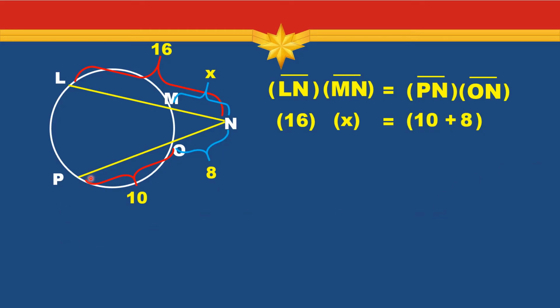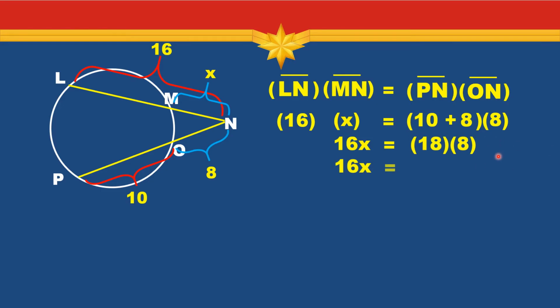Ulitin ko ha, PN ang kailangan natin. Pero ang ibinigay, PO at saka ON. So, kailangan pa natin silang i-add muna. Times ON. So, ang ON natin is 8. Okay, so solving for X, we have 16 times X is 16X equals 10 plus 8 is 18 times 8.